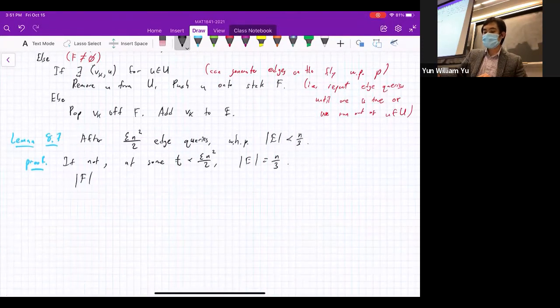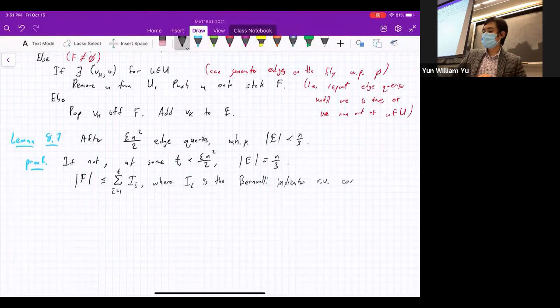And the size of F is less than or equal to the sum over i equal 1 to n minus t of I_i, where I_i is the Bernoulli indicator random variable corresponding to the ith edge query.